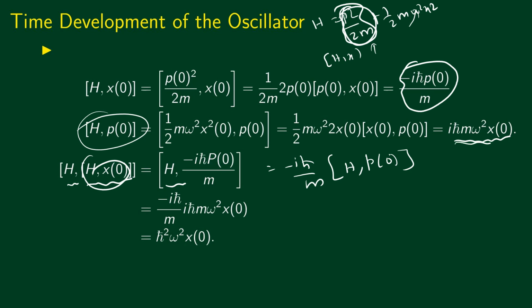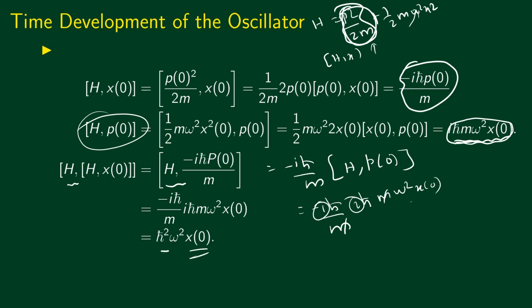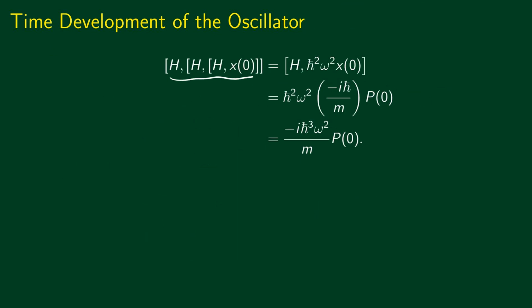It is i h bar m omega squared x of 0. So this is minus i h bar divided by m multiplying i h bar m omega squared x of 0. The m cancels. Minus i multiplying i gives 1, and we have h bar squared omega squared x of 0. So the commutator of h with the commutator of h and x of 0 is h bar squared omega squared x of 0.